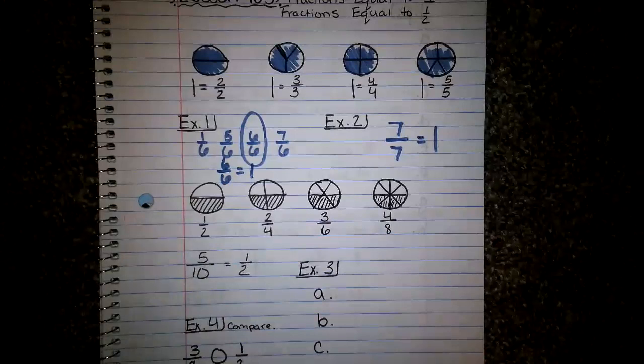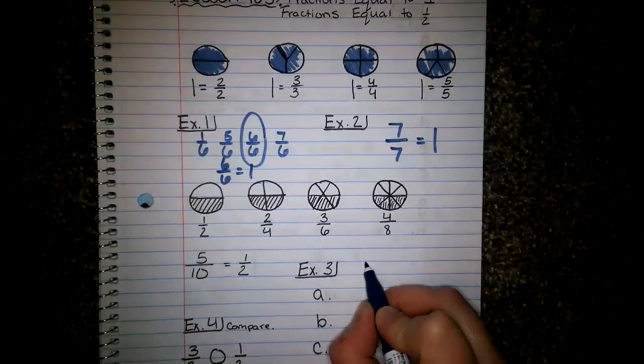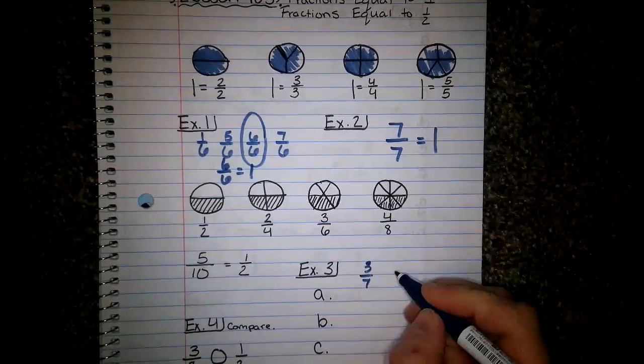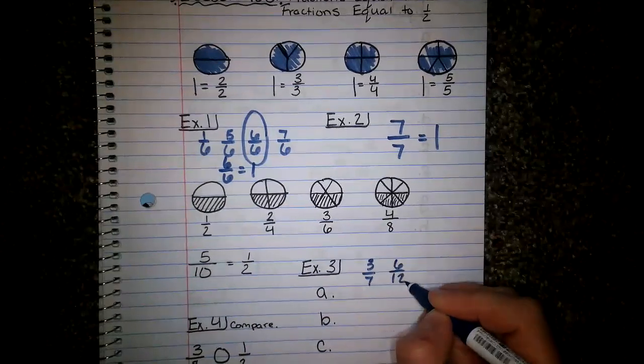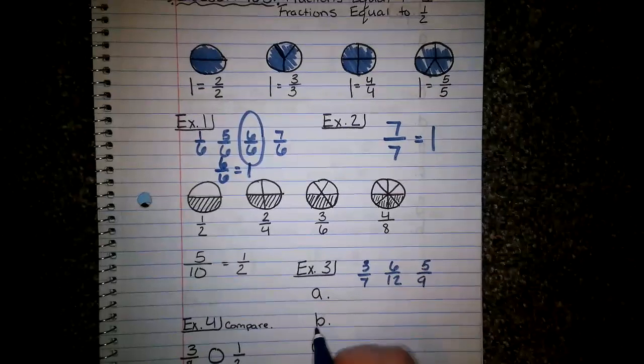All right, let's go on to example number 3. So it has A, B, and C. What fraction below is equal to 1/2? So here are your fractions. They're listing 3/7, 6/12, and 5/9. Now letter A is saying what fraction is equal to 1/2. So we're looking for a numerator and denominator that are half of each other.